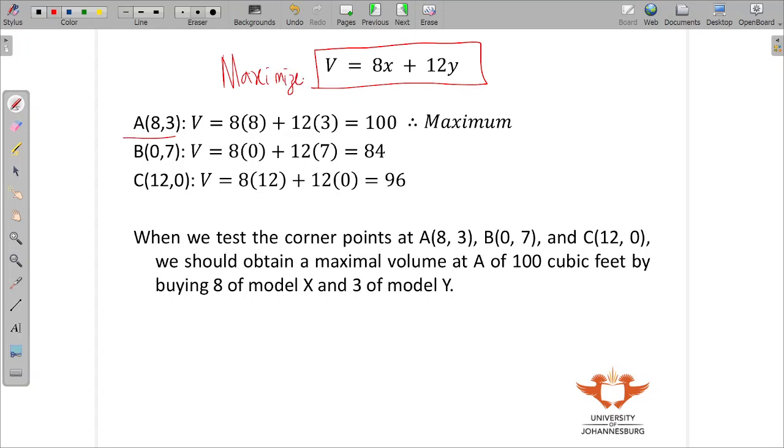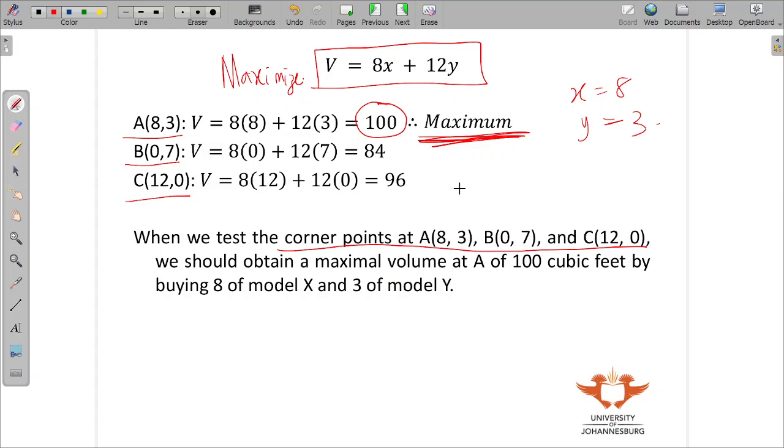So putting each of the points into our objective function, we get that this is the value that gives us the maximum. So the maximum is this point where x is 8 and y is 3. That is our maximum. Don't forget, we need to test each of the corner points and check which one gives the maximum.